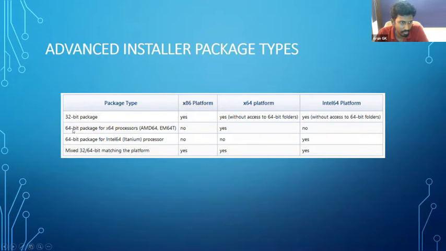But the 64-bit AMD processor package, other than Intel, does not support the Intel 64 platform. And the 64-bit Intel processor package does not support the 64-bit platform for other processors. And the mixed package supports all kinds of platforms, including 64-bit.